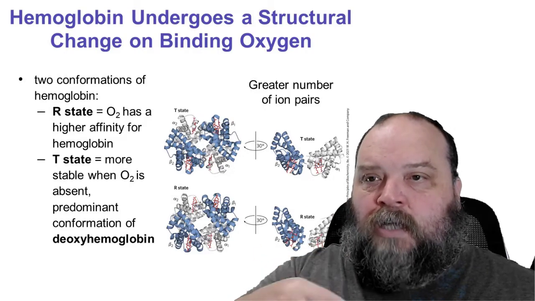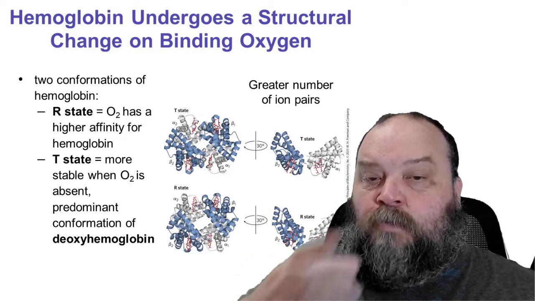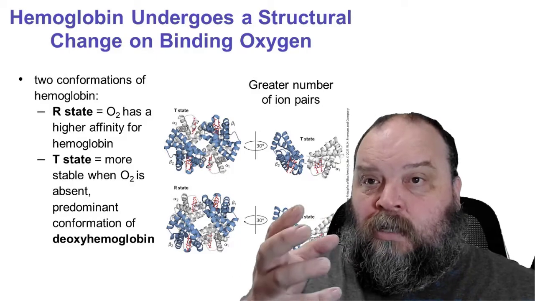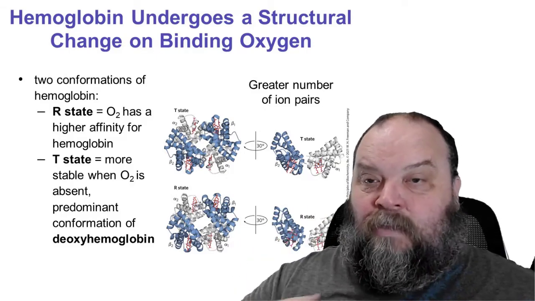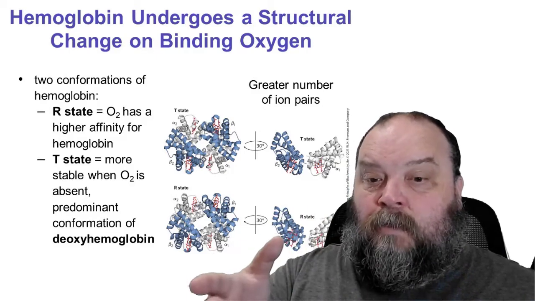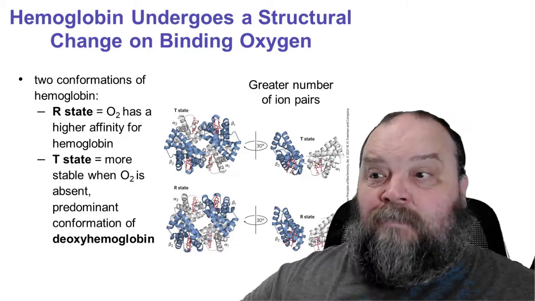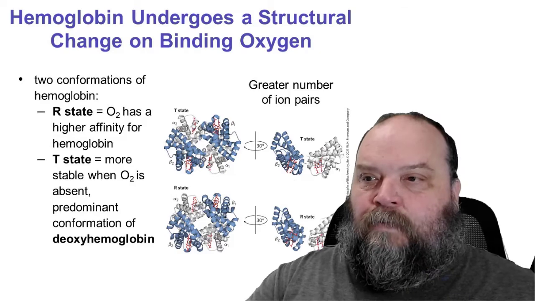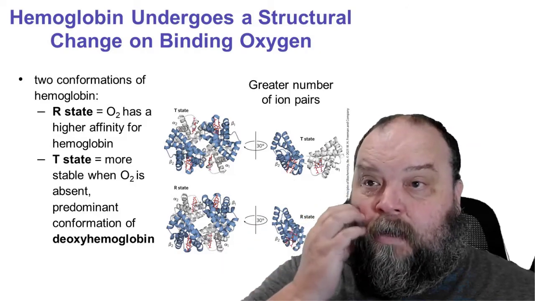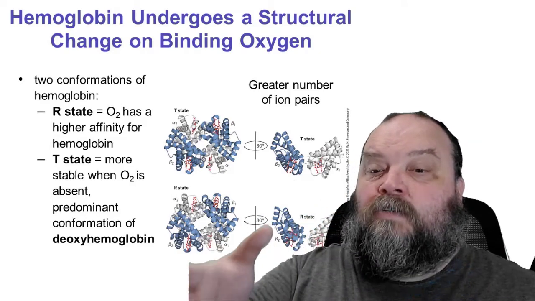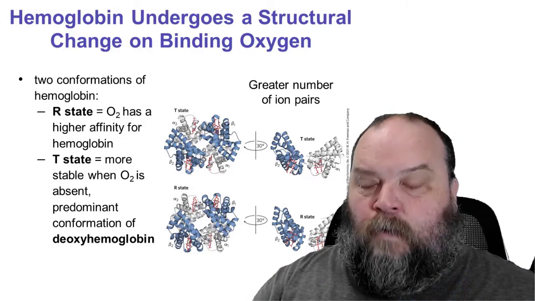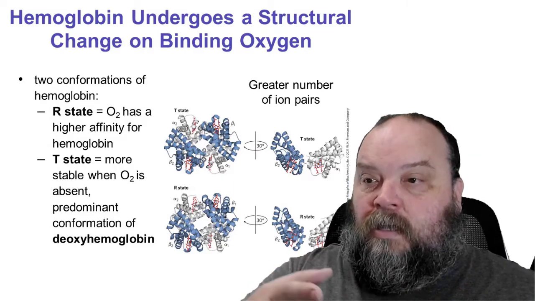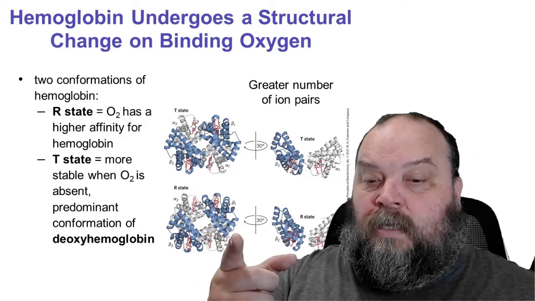Increased affinity for oxygen, conformational change, means it's going to hold on to the oxygen long enough so the red blood cells can leave the lungs and at least make it elsewhere in the body before that oxygen is given up due to something else having a greater affinity for it. Thus, the hemoglobin will then relax to the T state.